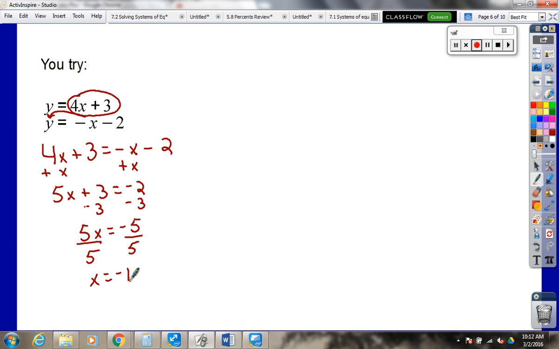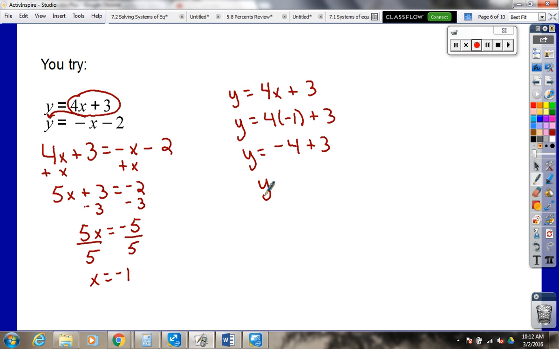Casey, what do I do to find y? You substitute -1 in. Let's use the first one. So I have y equals 4 times -1 plus 3, which is -4 plus 3, which is -1. Then I can check that using the other equation, y equals -x minus 2.